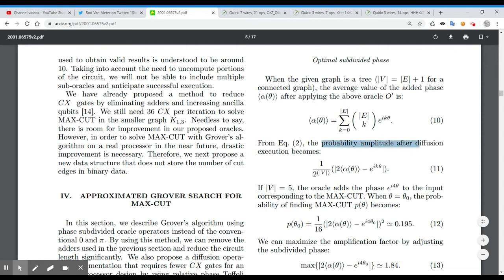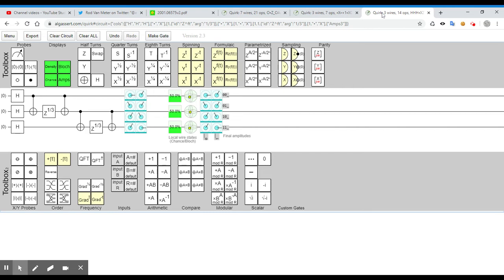The probability amplitude after diffusion execution becomes this. Wait a second, but actually that's pretty neat, because... Ah, wait, that's interesting. What is just going through my mind right now is, would this imply that if you run, what happens if I now run the diffusion operator right away?